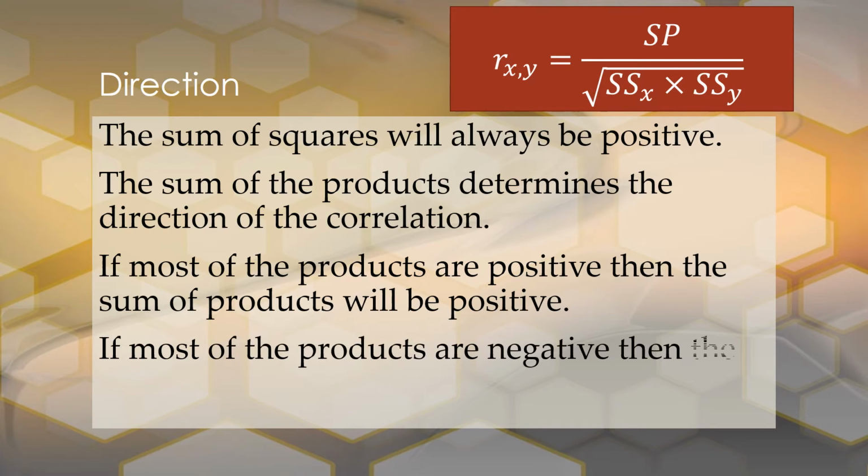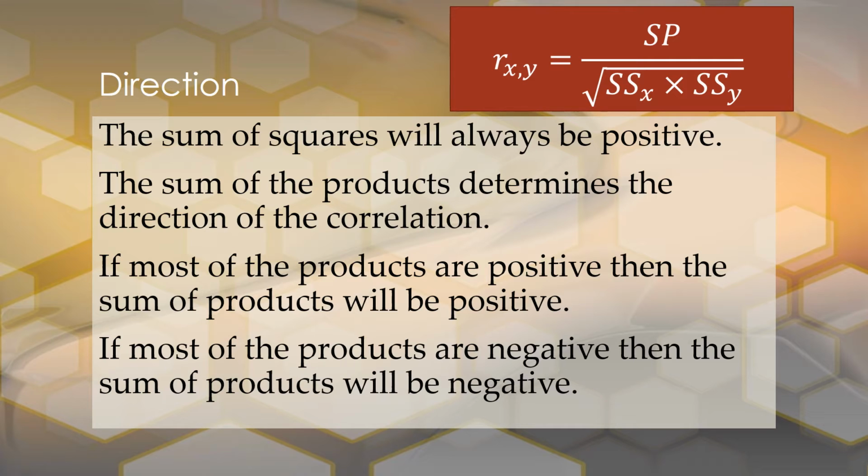If most of the products are negative, then the sum of the products will be negative. And so if the sum of the products is positive, then the correlation coefficient will be positive, because you have a positive divided by a positive. Remember, the bottom will always be positive. But if the sum of the products is negative, then the correlation coefficient will be negative, because you have a negative divided by a positive.